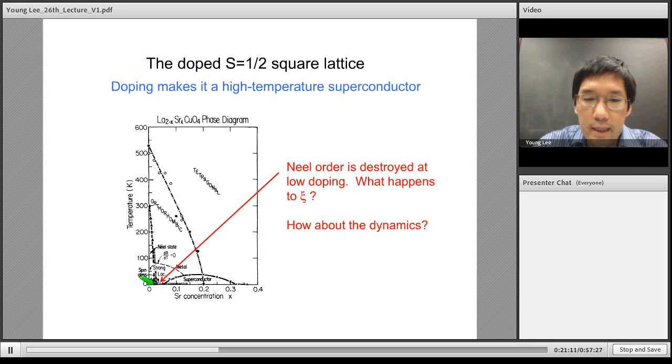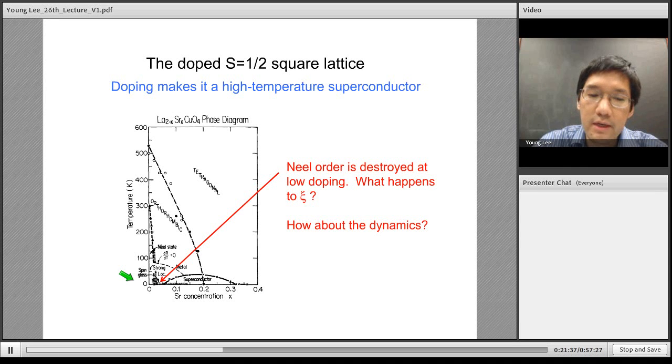And you no longer have long-range spin correlations. And when you dope above 5% holes, you enter into a superconducting regime. So you can ask, when you start doping, what happens to the correlation length in the fluctuations as a function of your doping level?